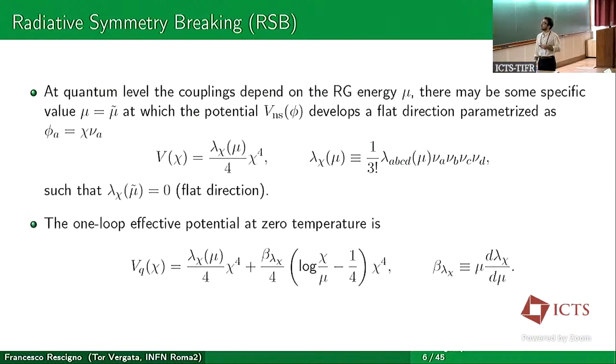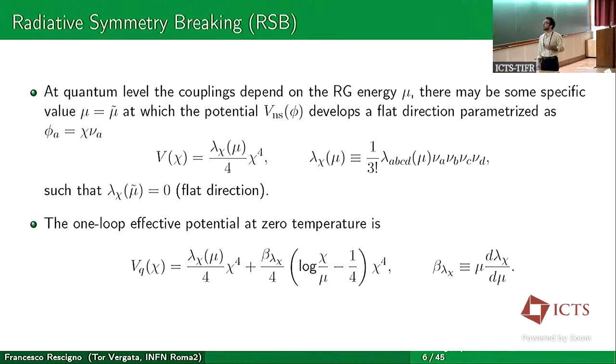But at the quantum level, the couplings depend only on the renormalization group energy mu, and there may be some specific value, mu tilde, at which the potential develops a flat direction that we parameterize with the scalar field phi, as follows. Along the flat direction, the potential looks as follows, where we define the quartic coupling in this way, such that at the value mu tilde, it vanishes. This is the definition of flat direction.